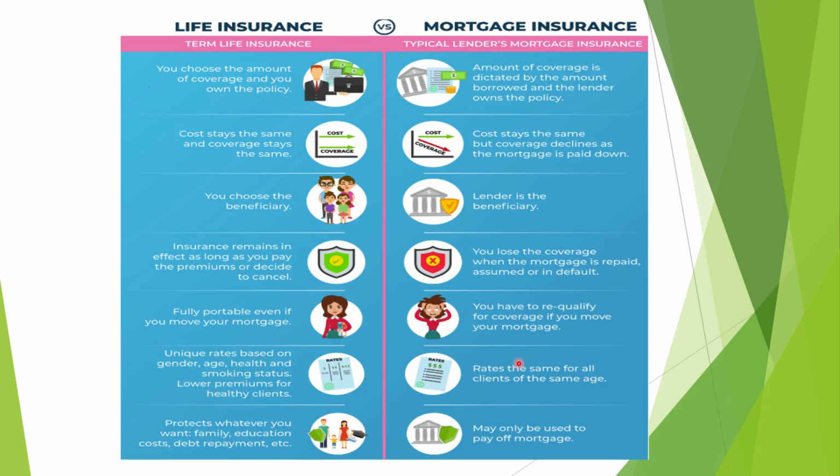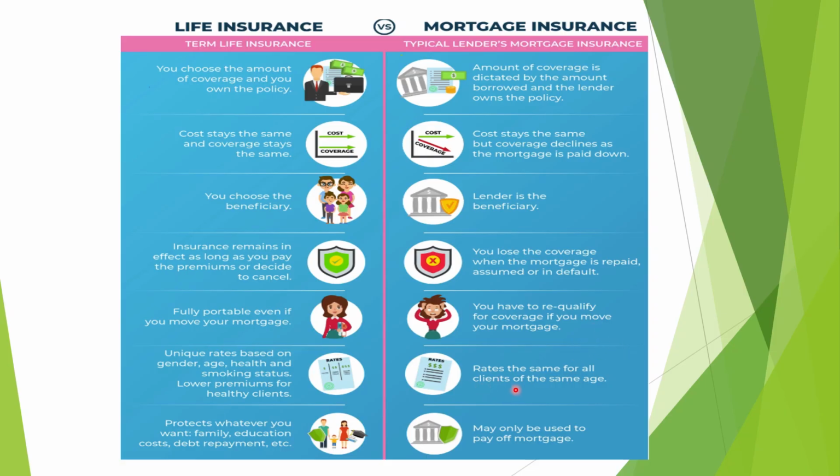Whereas for mortgage insurance, the rate is the same for all clients of the same age, because they are just giving you mortgage insurance, so they have the same rate for all clients. Let's say one client is 30 years old and bought a home of $1 million, with a premium of, say, $250.